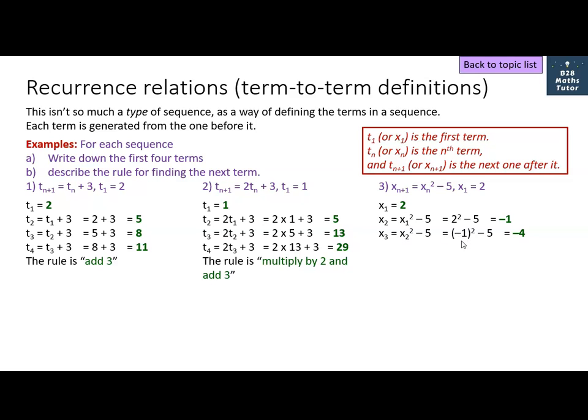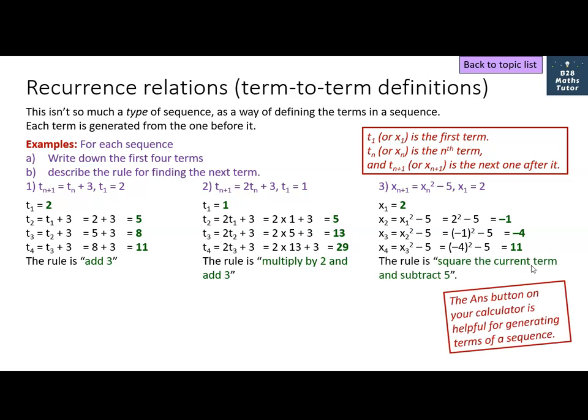So -1 all squared, which gives you 1. Take away 5. 1 minus 5 is -4. For our fourth term, we take that -4 and we square it and we take away 5. -4 all squared is +16. Take away 5 and you get 11. So the rule in this case is square the current term and take away 5, or subtract 5.